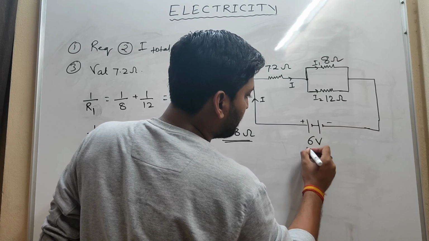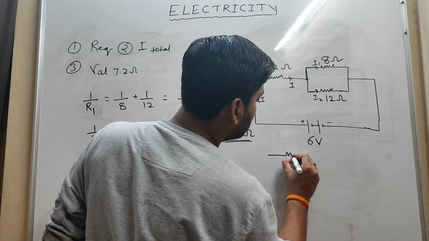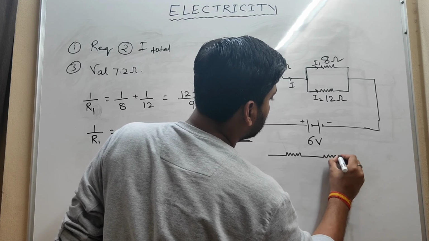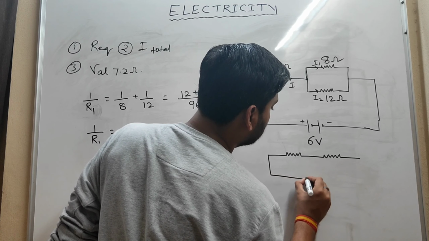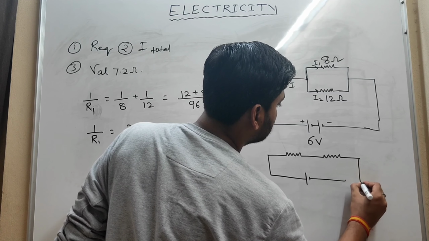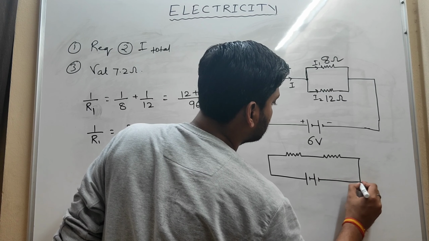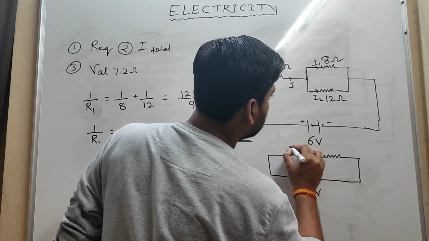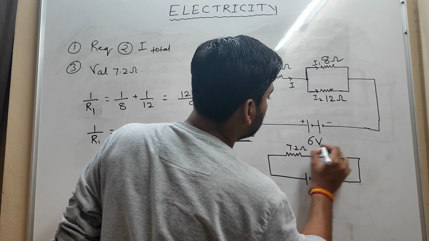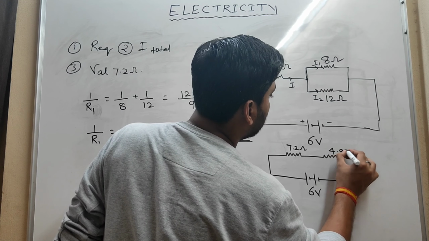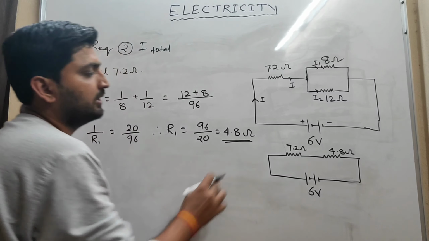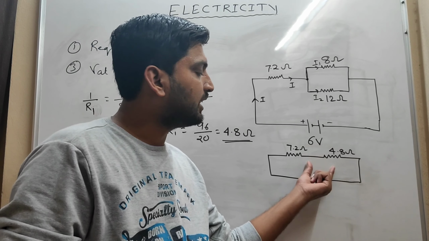So we got the equivalent of 8 ohm and 12 ohm as 4.8 ohm. This circuit will change like this. This is 6 volt, this will be your 7.2 ohm and this will be your 4.8 ohm, that is your R1. Now this circuit is converted into this.